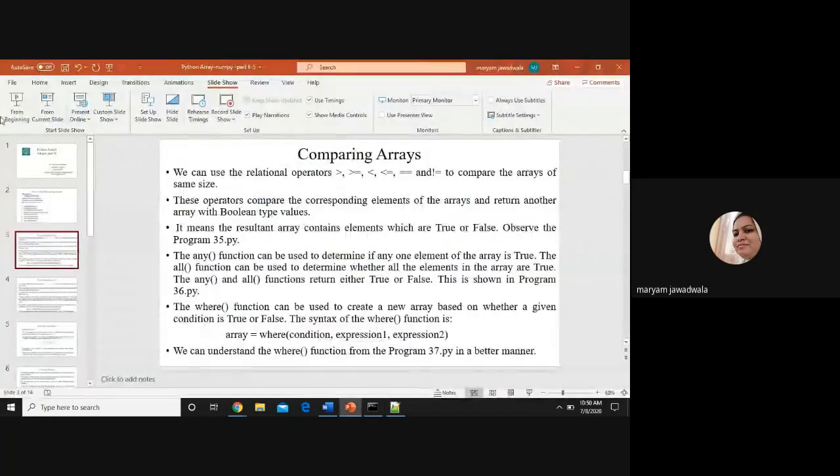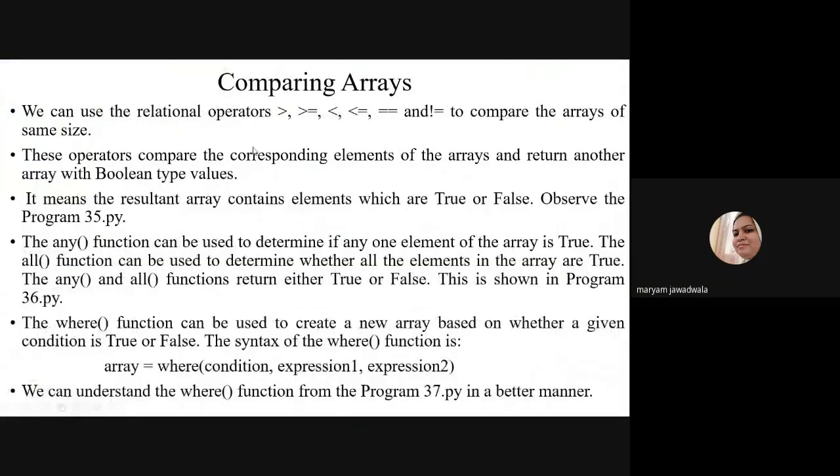Let's move to the presentation part again. We already saw some relational operators, the any function, the all function, and the next one is the where function. The where function can be used to create a new array based on whether a given condition is true or false.